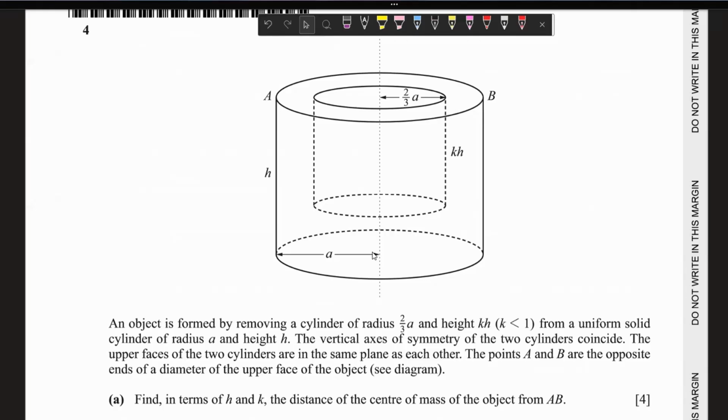The upper faces of the two cylinders are in the same plane as each other. The points A and B are the opposite ends of a diameter of the upper face of the object. So in part a, find in terms of k the distance of the center of mass of the object from AB.